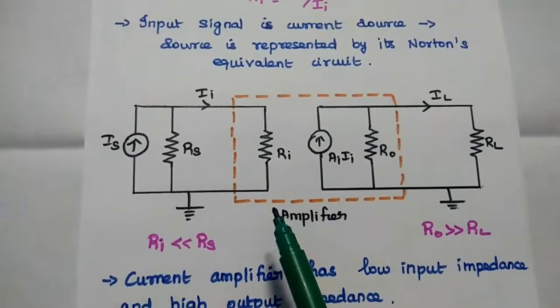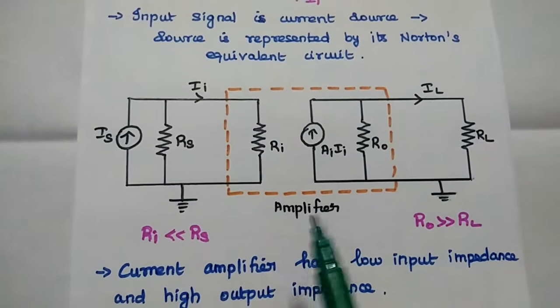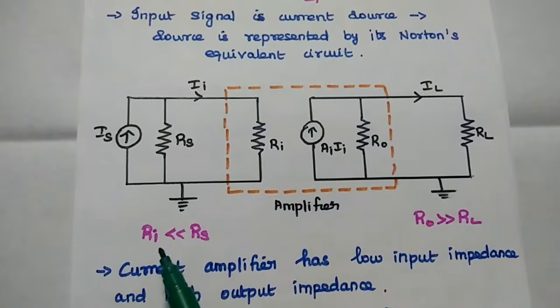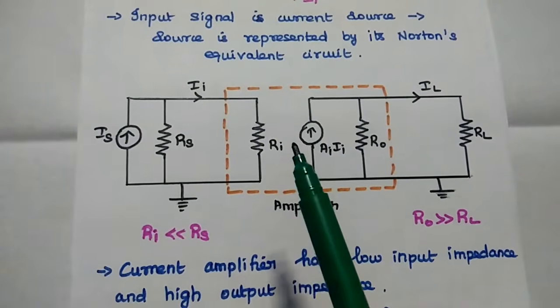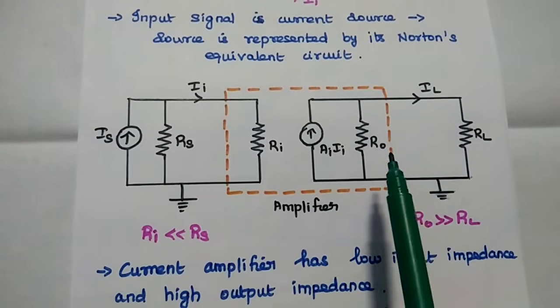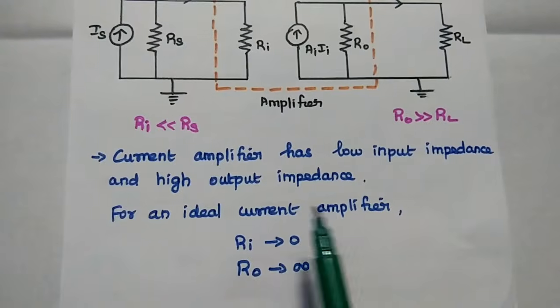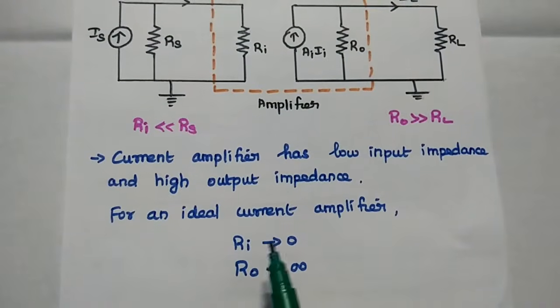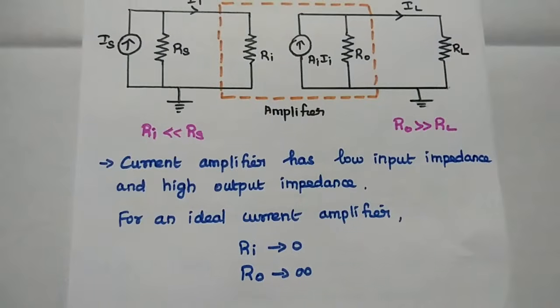Do you all understand this? For this current amplifier, the important condition is the input resistance or input impedance should be low and the output resistance should be high. For an ideal current amplifier, the input impedance is 0, output impedance is infinite.